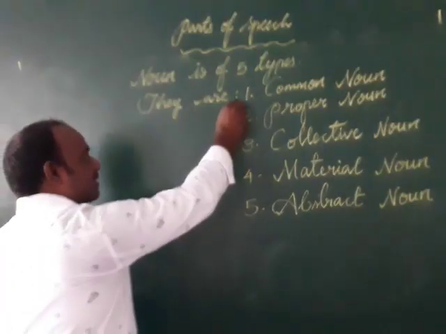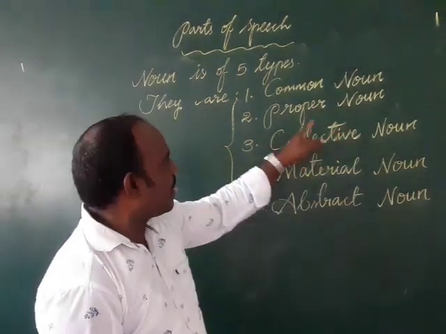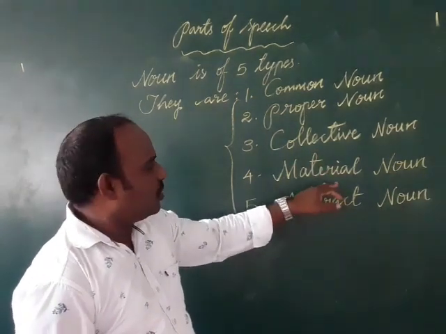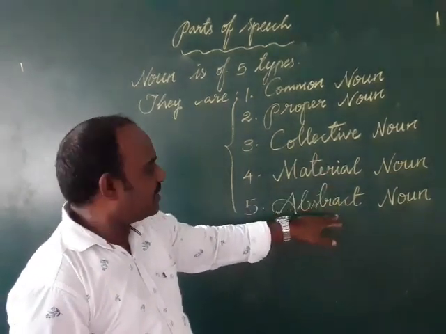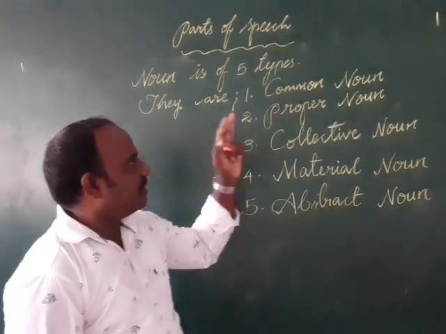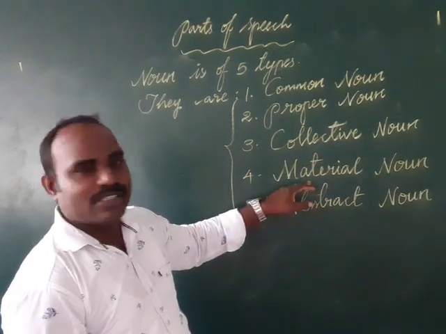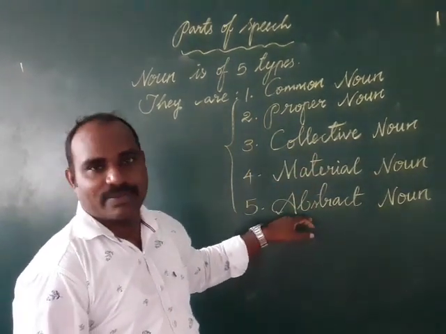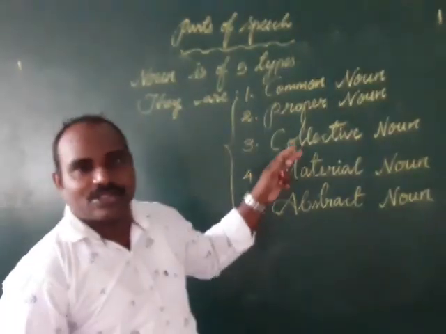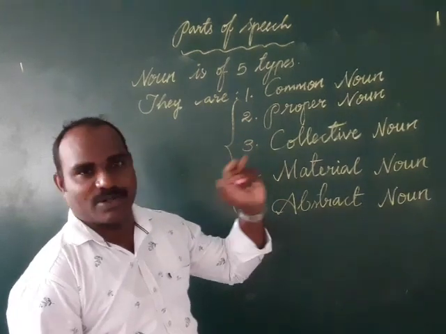So these are the 5 types of nouns. The first one common noun, second one proper noun, third one collective noun, fourth one material noun, and the fifth one abstract noun. So we learn what is a common noun, what is a proper noun, what is a collective noun, what is material noun, and what is abstract noun. Okay? In examinations, questions will not be asked like this, but you should know what is common, what is proper noun.